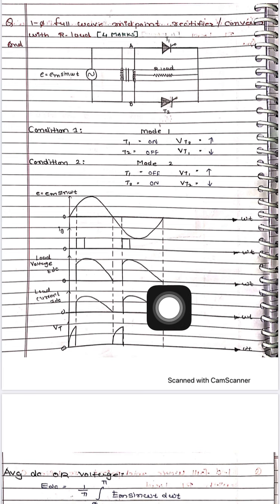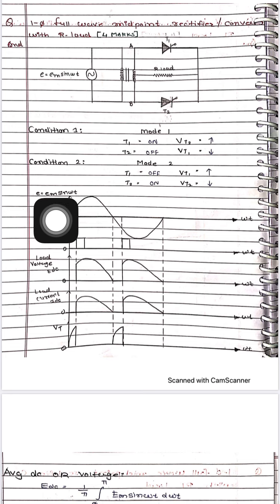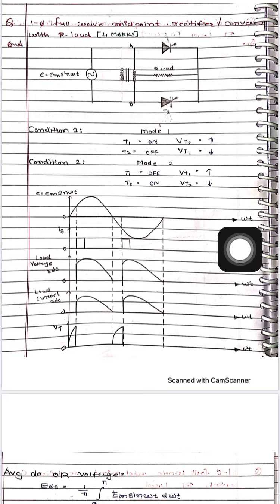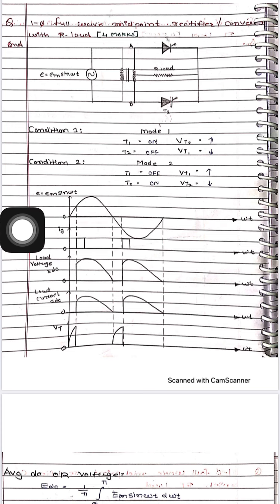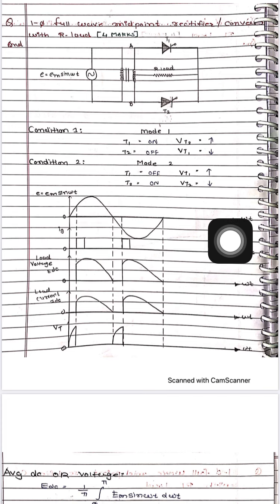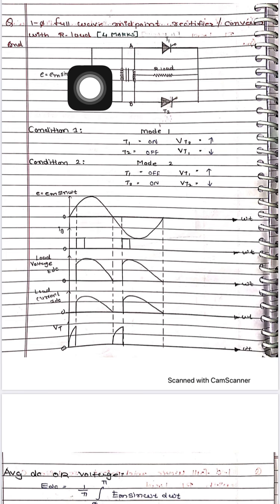Now as already discussed previously, the waveform always needs its tag. If the first waveform is of voltage, you have to mention the voltage axis 0 and omega t, which means time period. So the sinusoidal is fixed here.